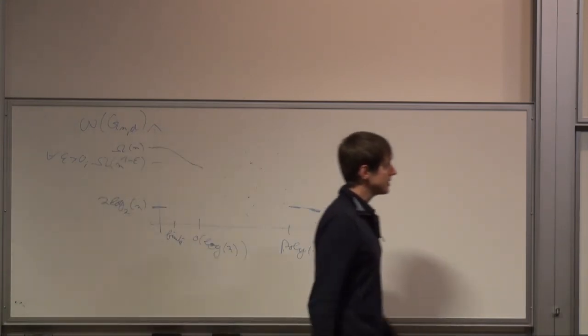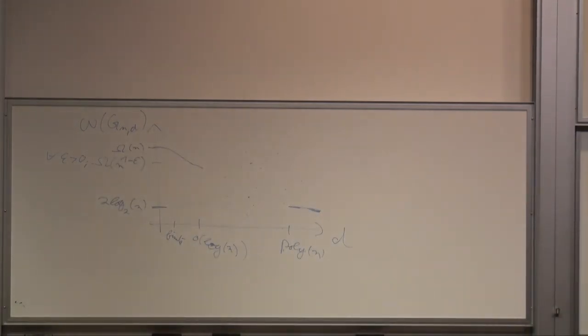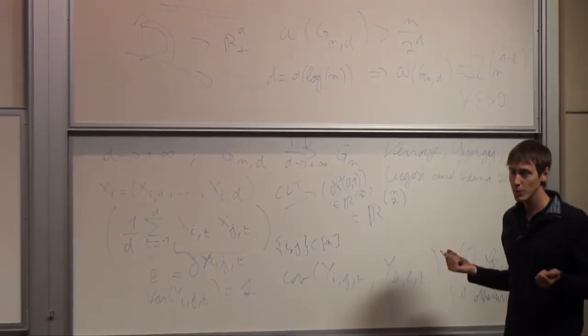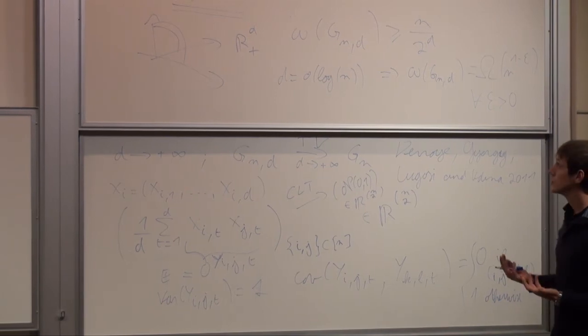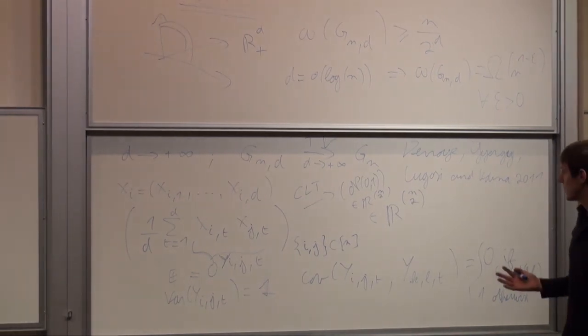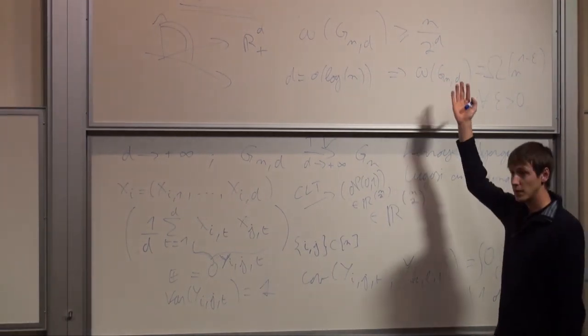So what these guys did: first, how do you prove this theorem, the one upstairs with the Erdős-Rényi? You compute the first moment and the second moment for the total number of cliques of a given size. Then you apply standard tools from the probabilistic method, and that gives you this kind of result.